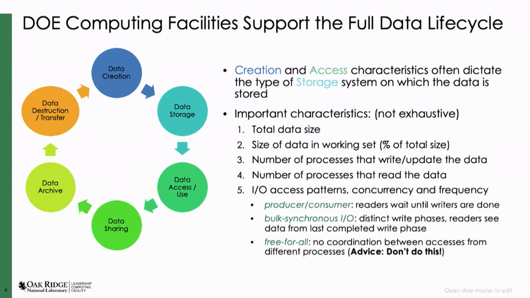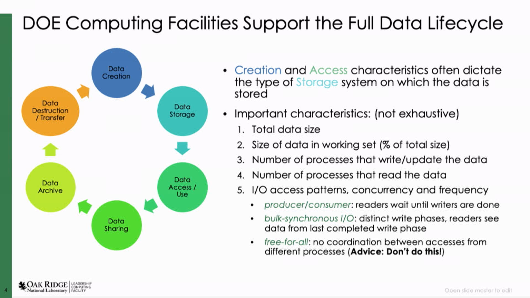So I highlighted a few of the common patterns here. So producer-consumer assumes that someone creates the data, says I'm done, and then consumers come along and can pick that data up. Bulk synchronous I/O is basically organized as distinct write phases where parallel processes work together to write some data.